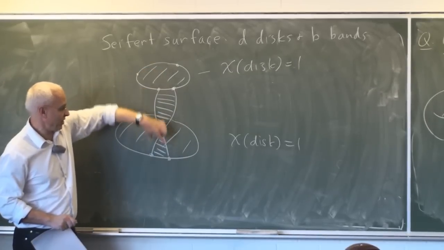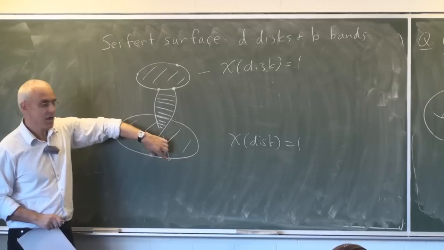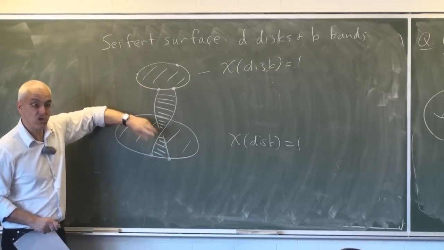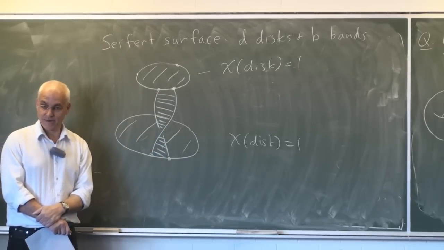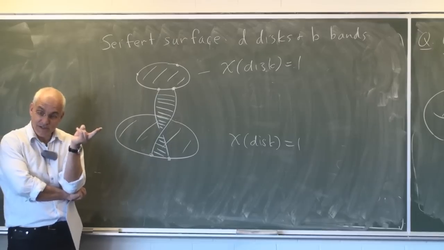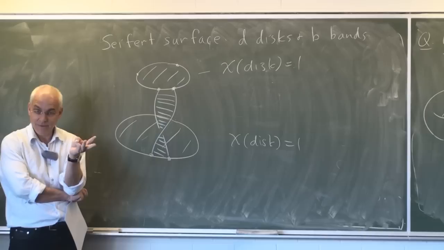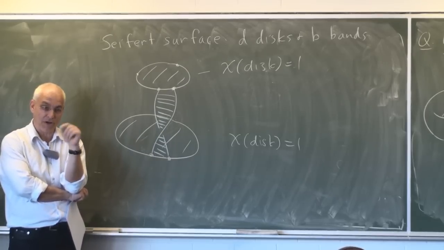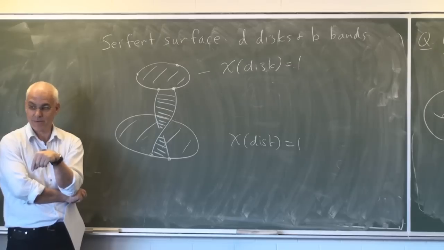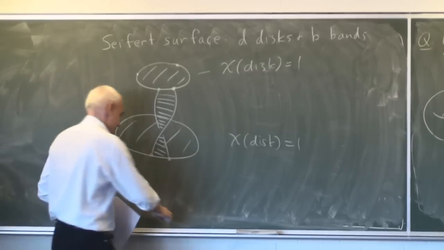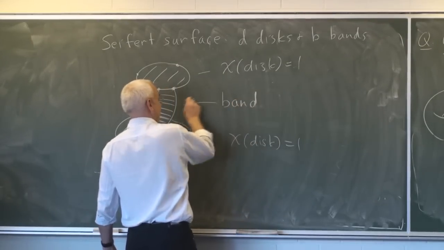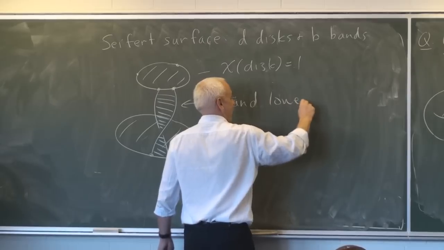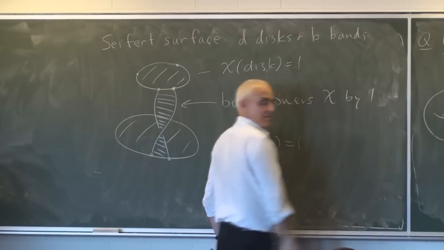We're using these 2 vertices here and these 2 vertices. We've introduced 2 more edges and 1 more face. That means that the Euler characteristic has gone down by 1. So the band lowers chi by 1.